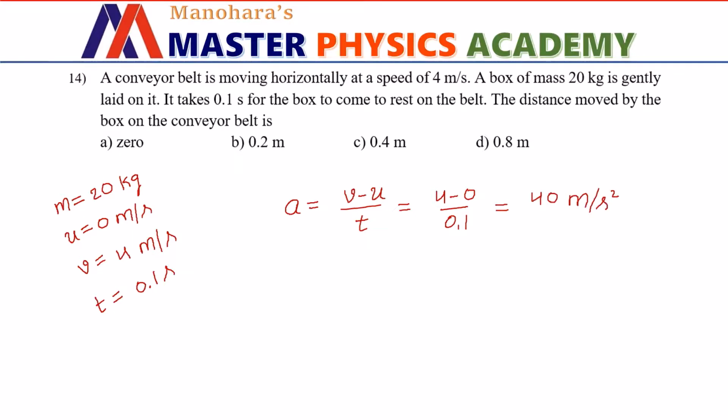We know that displacement covered by the body is equal to v squared divided by 2a, since the initial velocity is 0. Now substituting, we have 4 into 4 divided by 2 into 40. Solving this, we'll get the displacement equal to 0.2 meter. Option B is the right choice.